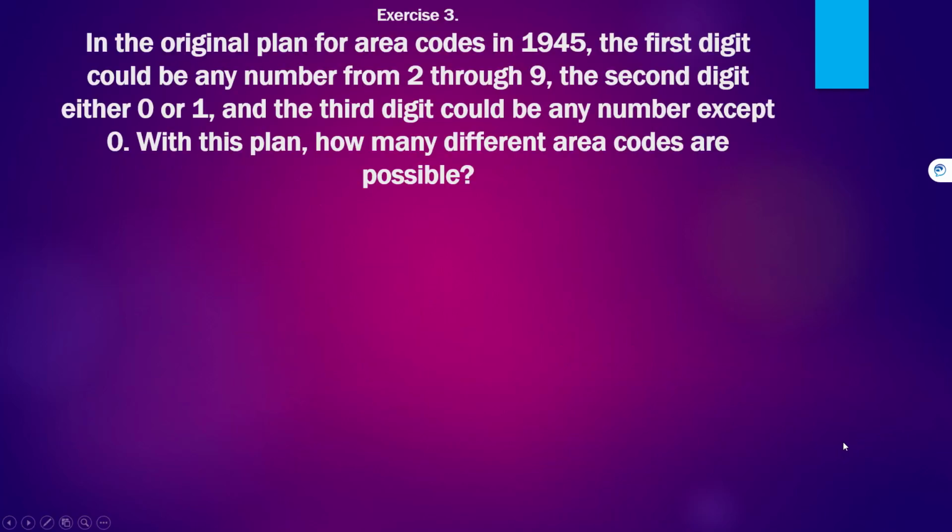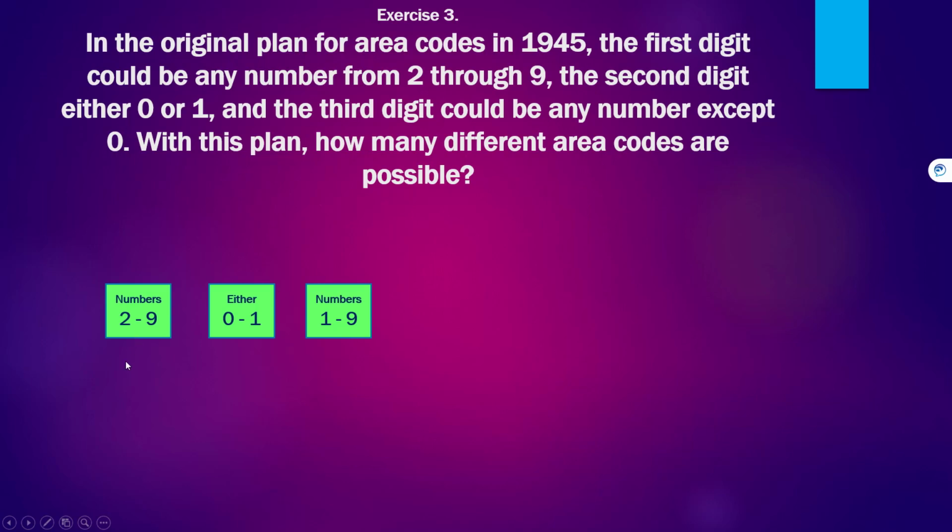Exercise 3. In the original plan for area codes in 1945, the first digit could be any number from 2 through 9, the second digit either 0 or 1, and the third digit could be any number except 0. With this plan, how many different area codes are possible? So the first digit, it can be the numbers 2 through 9. The second digit is either going to be 0 or 1, and then the last digit is going to be any number except 0, so that would be the numbers 1 through 9.